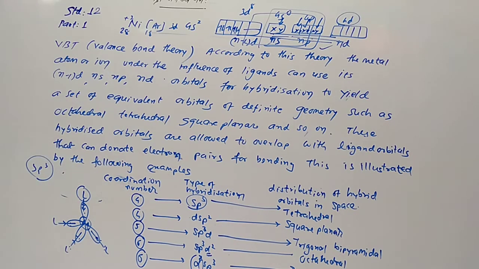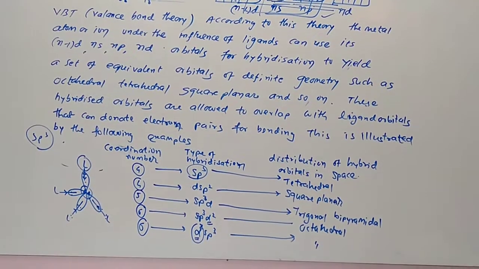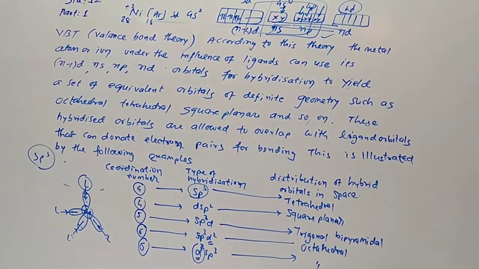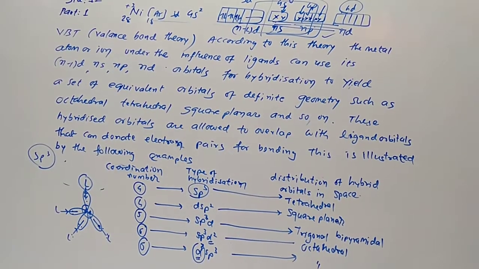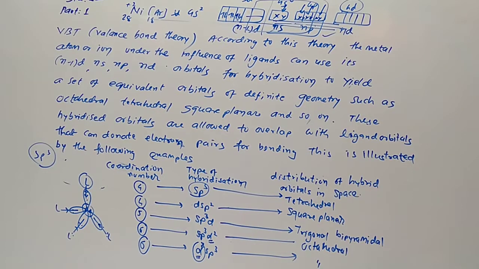So before combining with the ligand, the metal undergoes hybridization, and hybrid orbitals are directional. So the ligand combines with it in a particular direction. So the coordinate covalent bond is directional. It has a particular definite geometry.